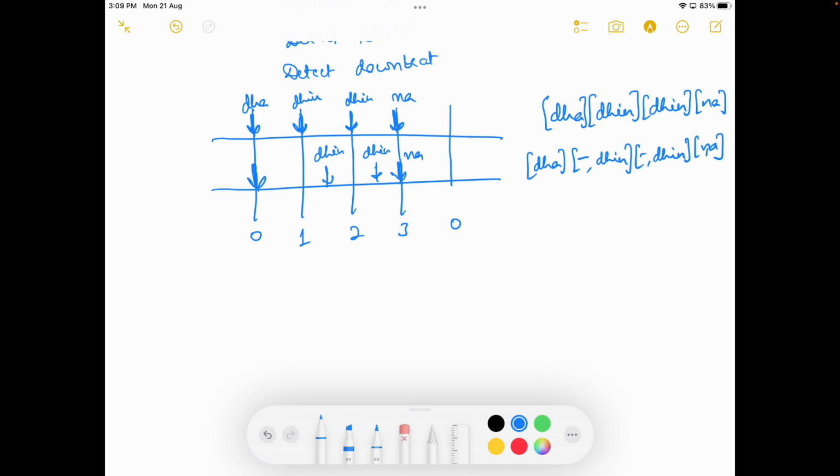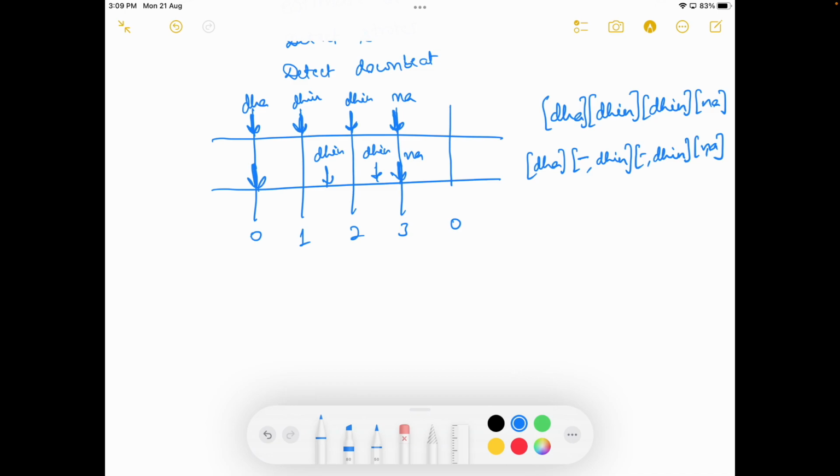Then again empty, then second half dhin. Then here na. Dha, dhin, na.